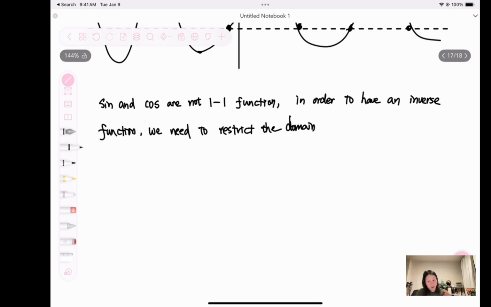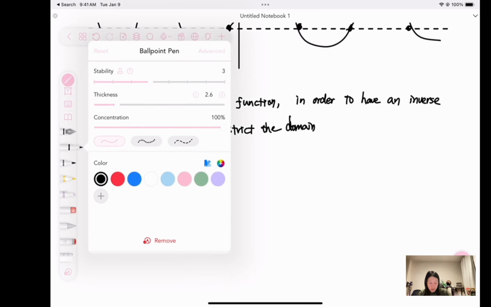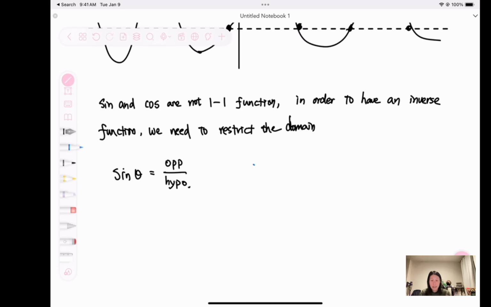Let's see, how do we find the inverse function? So for every sine theta equals the opposite side over the hypotenuse, right? Which one is input, which one is output? Remember, for the inverse function we swap input and output. So the first step is to identify the input and the output.